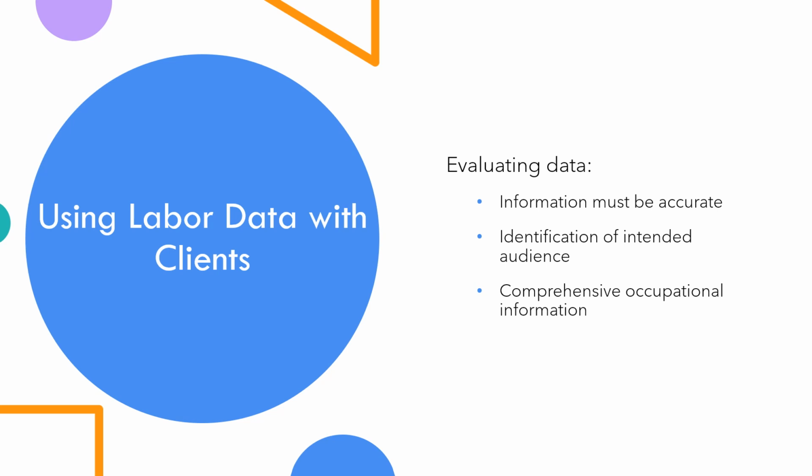It's pretty important, making sure that the data you want to share with your client has been vetted from a reliable source and is considered to be as accurate and bias-free as possible. Then you want to identify the intended audience of that data and make sure it's appropriate for your clients. So you might have to translate a little bit when it comes to looking at labor reports, to make sure that what you're applying and offering is applicable to the clients that you're serving.